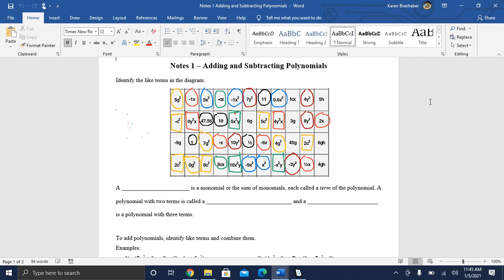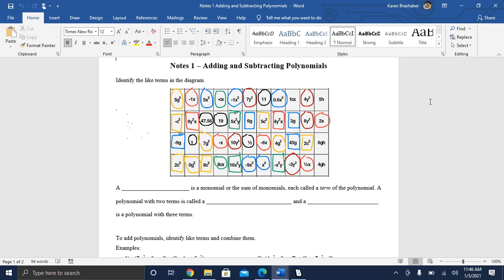As we look at 6g, I can put a rectangle around it, as well as 3g and negative 9g, put a rectangle around it, and 45g. All of those are like terms. And so I've got the whole second row accounted for.